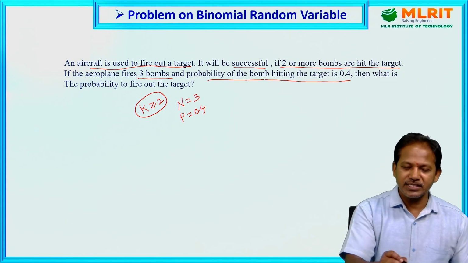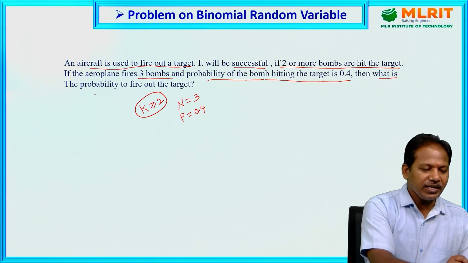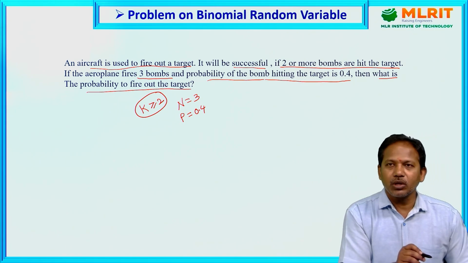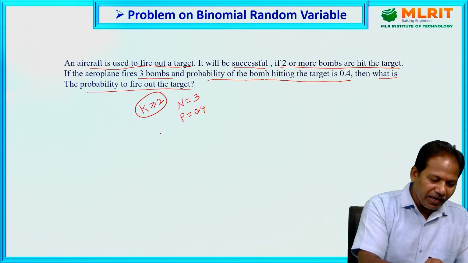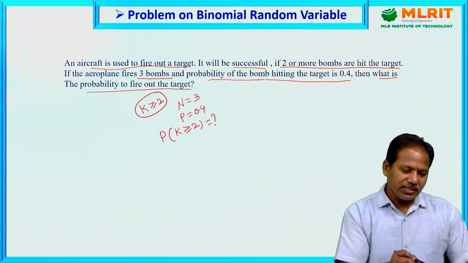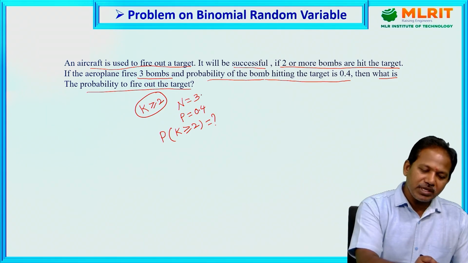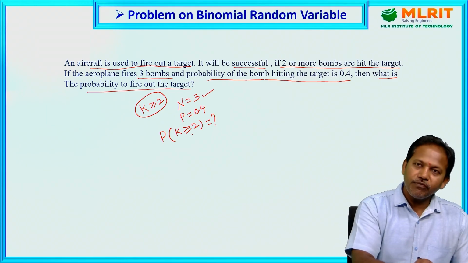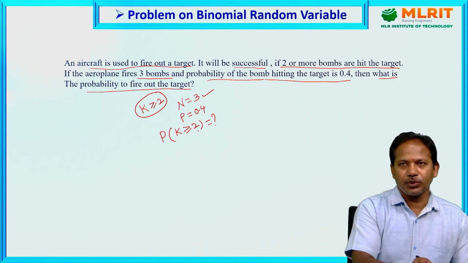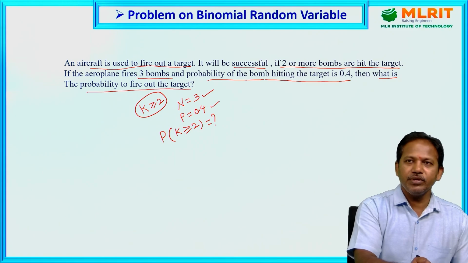Now, what is being asked is the probability of hitting the target. So now you need to find the probability of K greater than or equal to 2. Total number of bombs is 3; successful hitting is taken as K greater than or equal to 2, and the p value is 0.4.